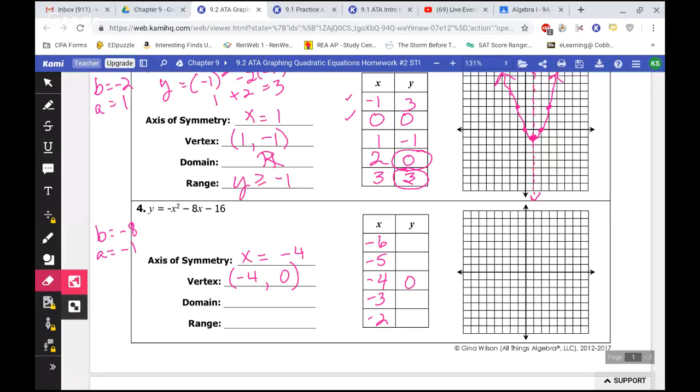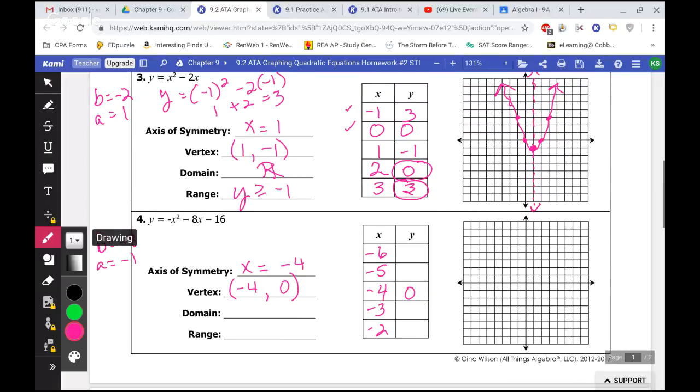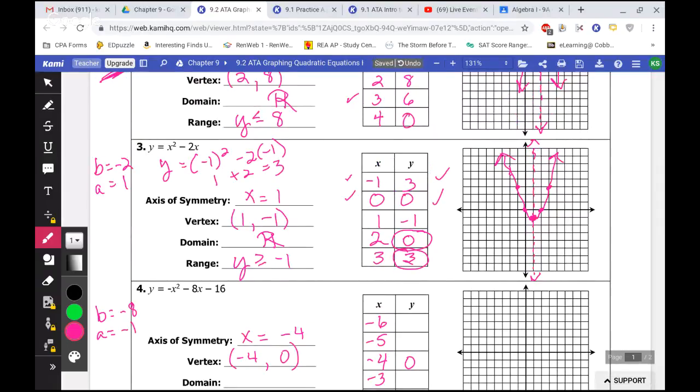I mean, I could do all 4, but the symmetry, when something is split in half, tells me that those answers are going to be the same. See, over here on this one, we did these 2. We plugged those in, right? On number 3, we plugged in 0 and negative 1. Remember that?